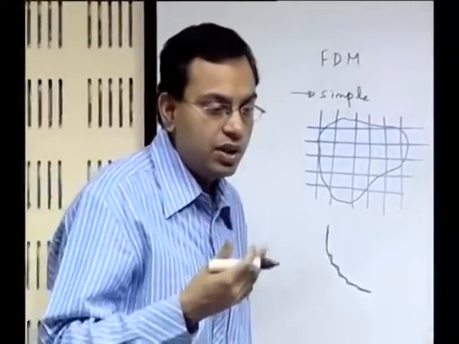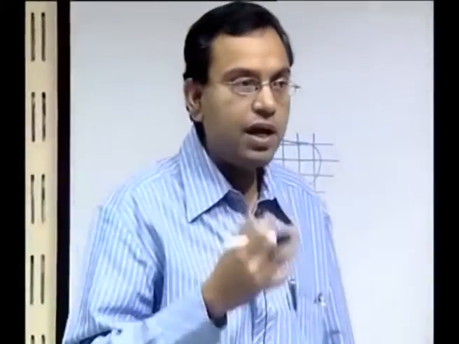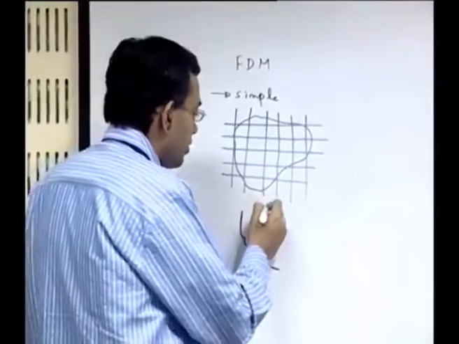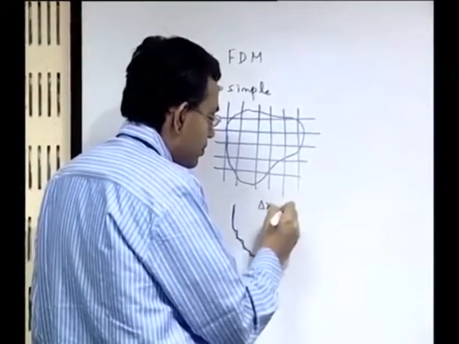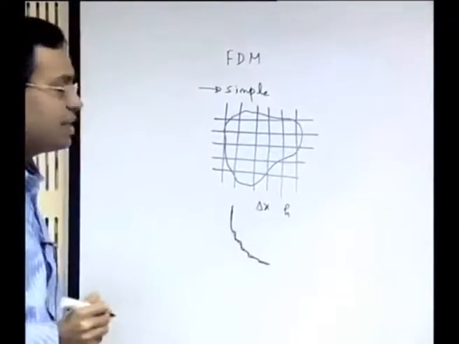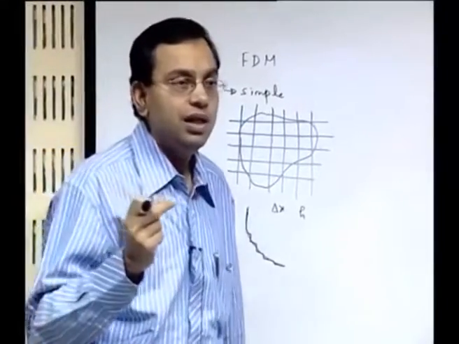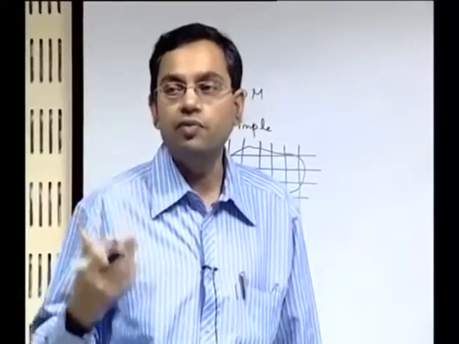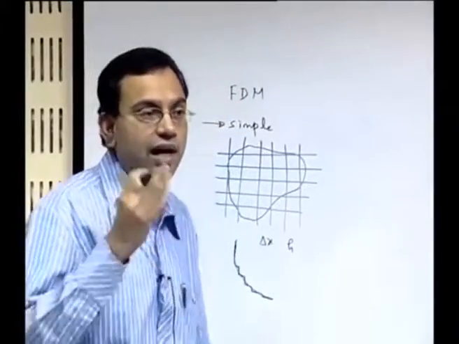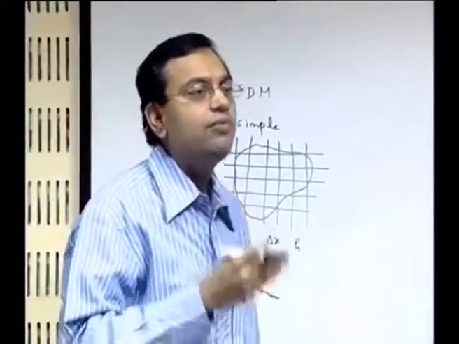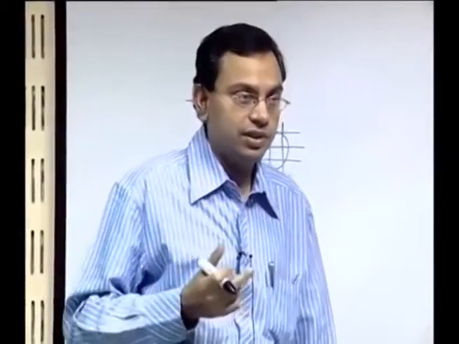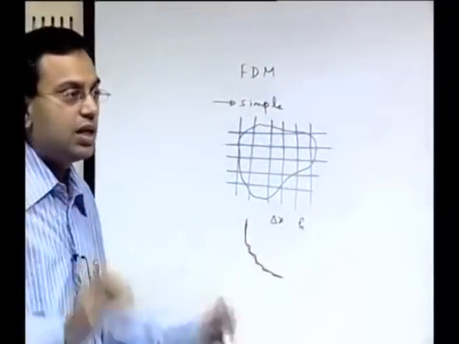It relies upon the fact that you expand a function in the Taylor series, and as the mesh size delta x or h, whatever you call, tends to 0 in the limit, higher and higher order terms in the Taylor series are more and more insignificant. So you can truncate the Taylor series up to only a few terms, and using those terms you can generate the difference equations. That is the basic concept that we use.